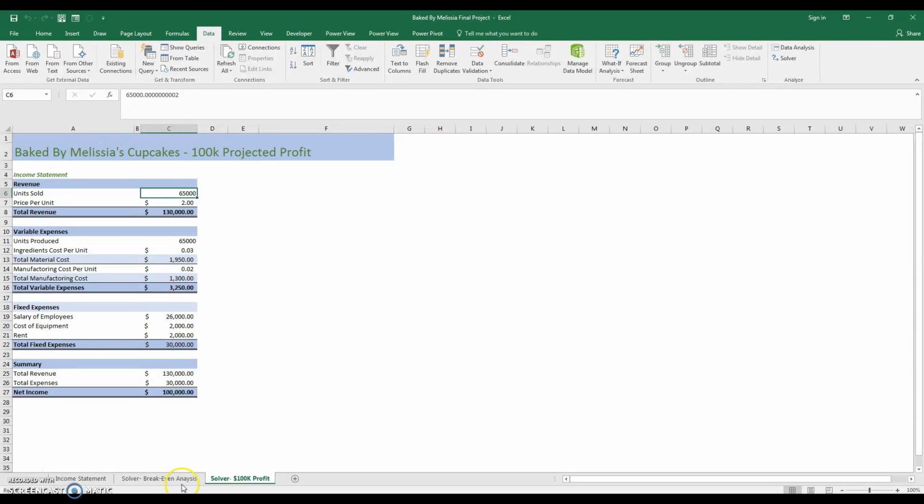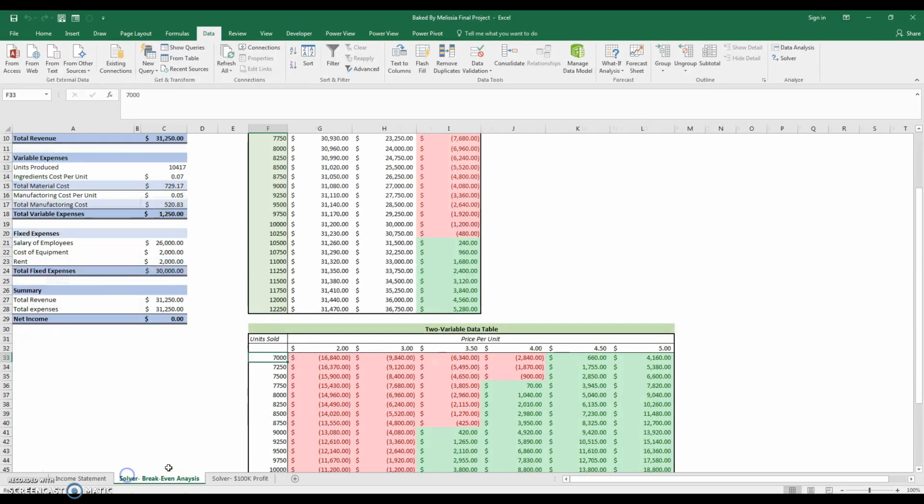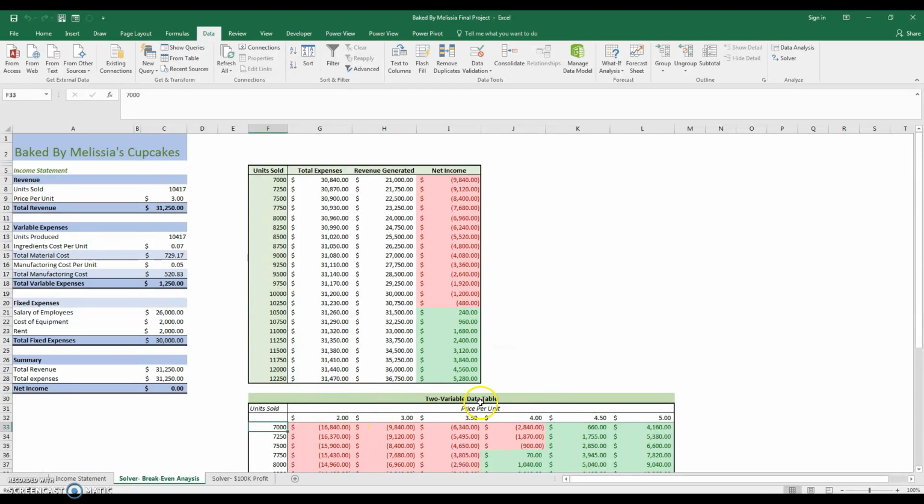And while doing this project, I thought it was really interesting seeing the two variable data tables and seeing how the income statement played out from the variable expenses to fixed expenses all into the revenue. And I'll definitely use this to show my manager at BakedByMelissia and see her thoughts and help generate the best possible outcome and profit for this month during the holiday seasons.